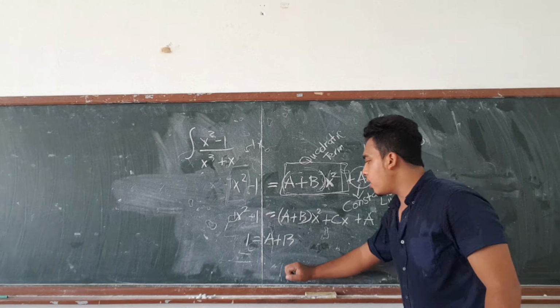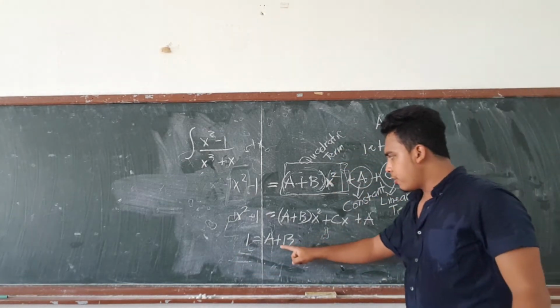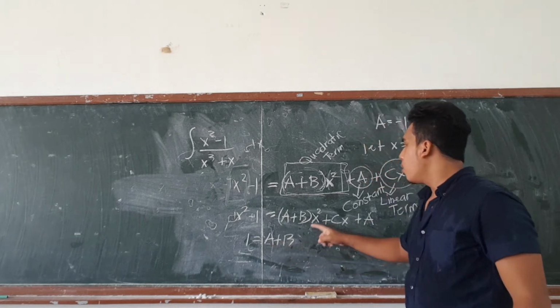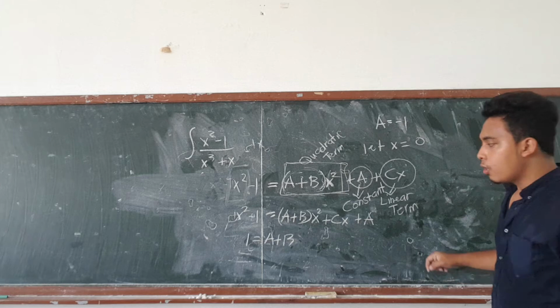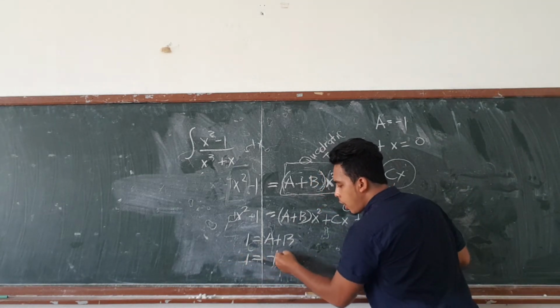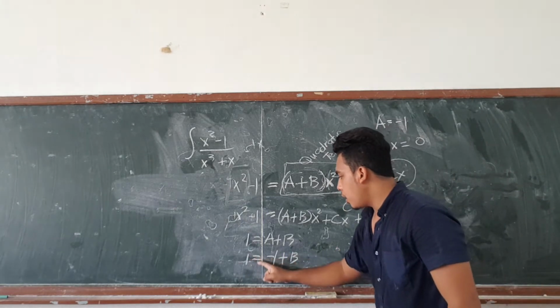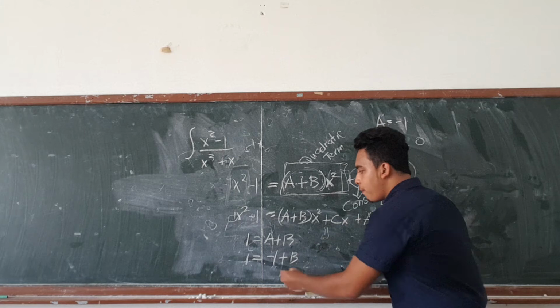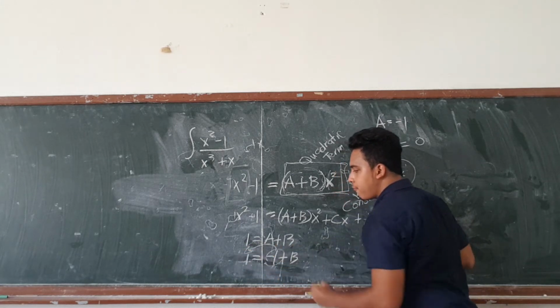Now, to find the value of b, we can substitute the value of a, which is negative 1. So 1 equals negative 1 plus b. Combine like terms, we move negative 1 to the left hand side.